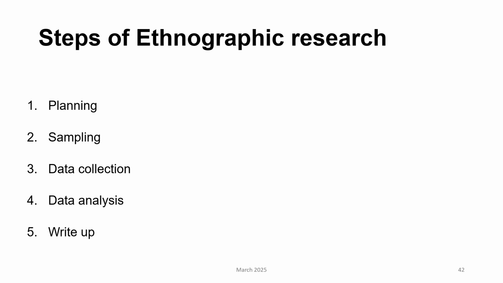Then you need to do sampling. Sampling, as we mentioned in qualitative research, is mainly purposive sampling. Then we will start data collection in this particular research setting. Then these data are going to be analyzed, and finally the write-up of your report.